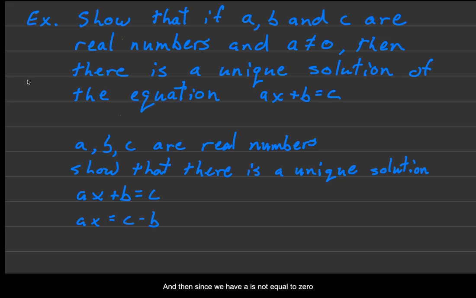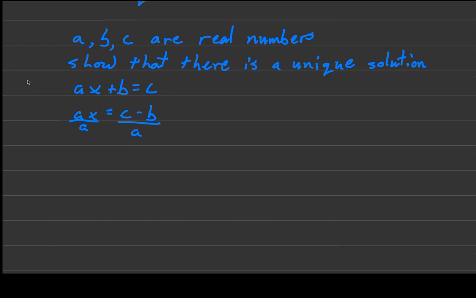And then since we have a is not equal to 0, we can divide both sides by a, giving us x is equal to c minus b over a. And this is division since a is not equal to 0.